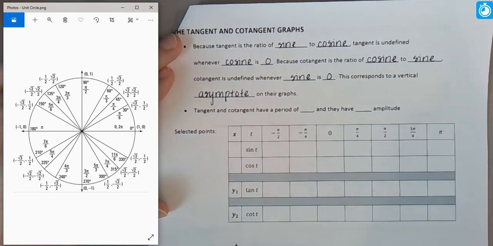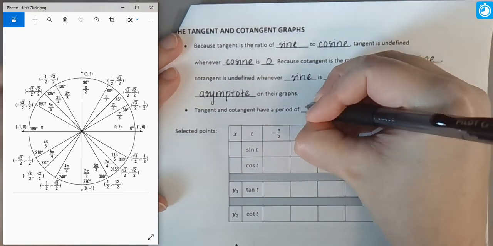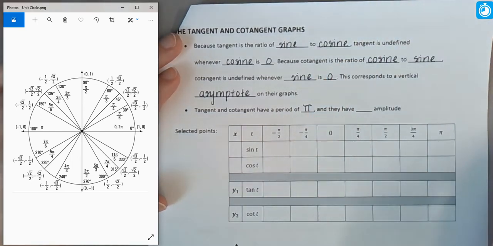And since again there are multiple locations where sine and cosine go to 0, there will be multiple asymptotes on each of these graphs. Now tangent and cotangent, the biggest difference between these graphs and the other 4 graphs we've looked at is their period. Tangent and cotangent repeat faster than sine and cosine and then cosecant and secant do. They actually have a period of pi.